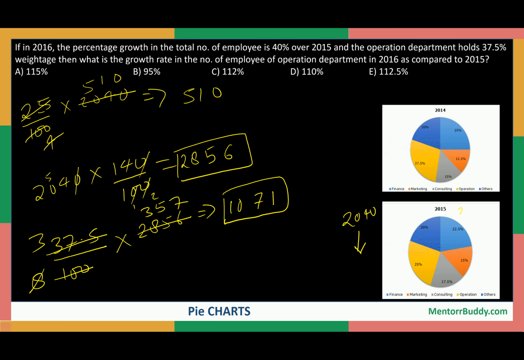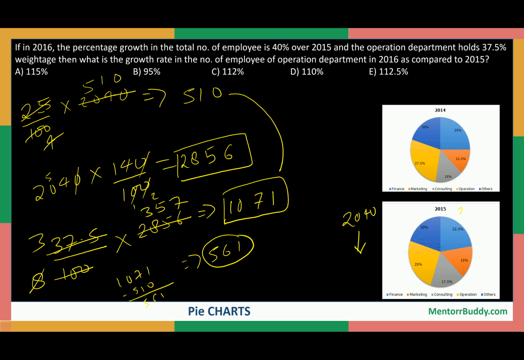So we need to see the difference in these two values, which is 1071 minus 510. That comes out to be 561, the difference between 2015 and 2016.